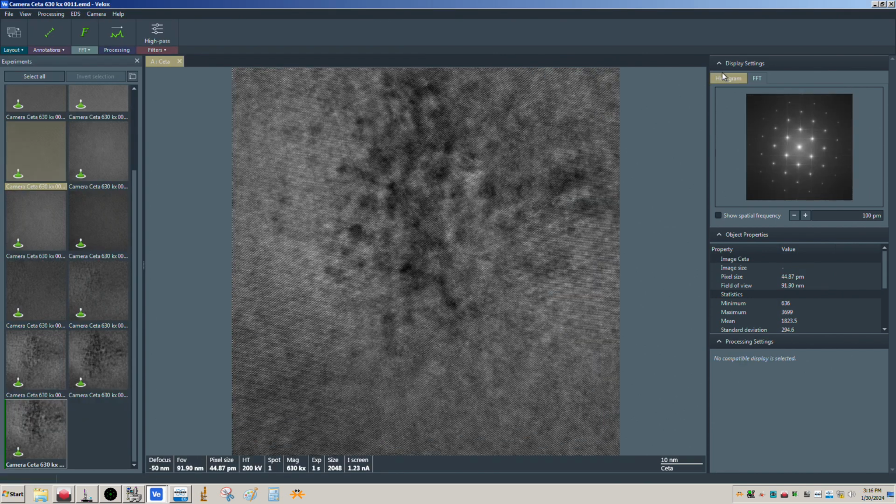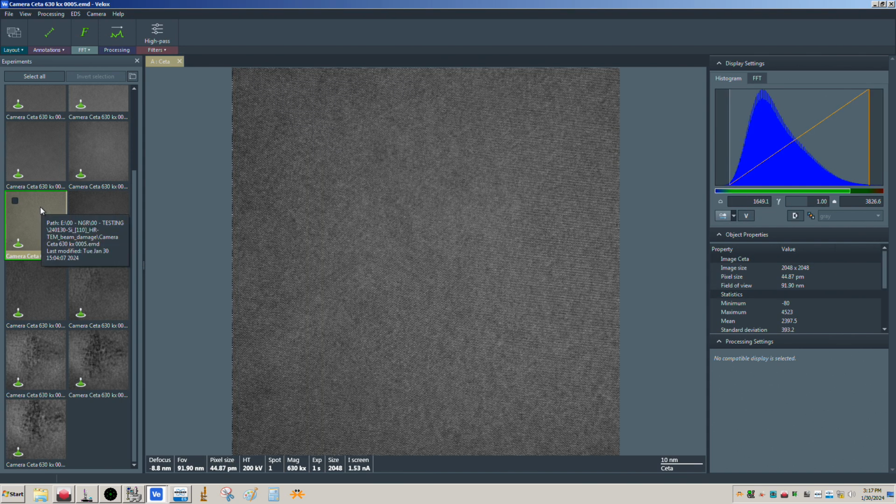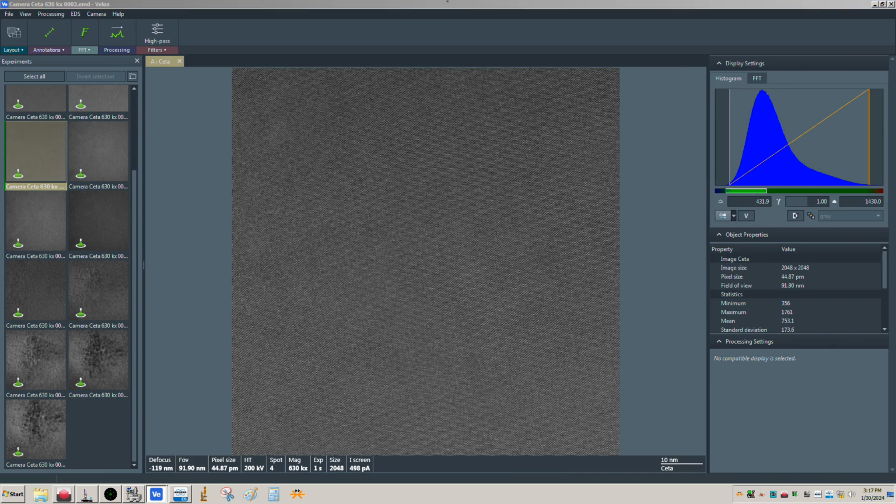Now again, you can see the trade-off here though, okay? I'm getting all the way up to 3,000 counts. Again, the range on this camera I think goes to 8,000 counts for the same exposure time, okay? Versus, where is it? Okay, so versus this one, I'm only getting about 1400.